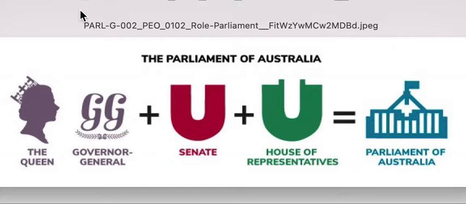Coalition means joining together, and traditionally there are 2 parties that join together, the Liberal Party and the National Party. They have similar ideologies, similar values, focused very strongly on economic strength and growth. Those 2 parties form a coalition in government, and the Prime Minister is always the head of the Liberal Party.